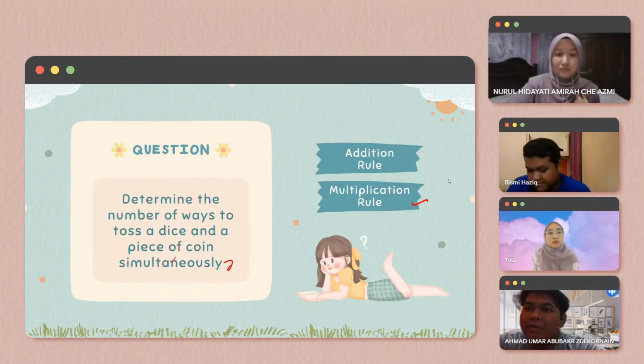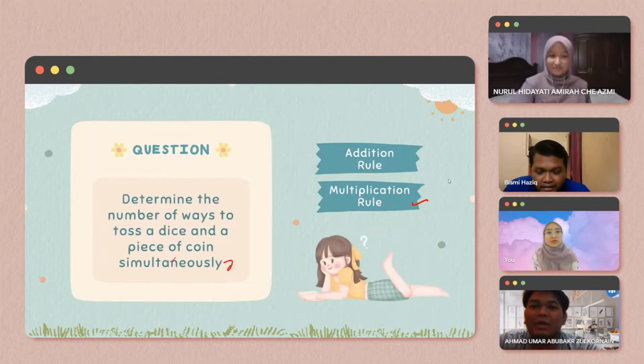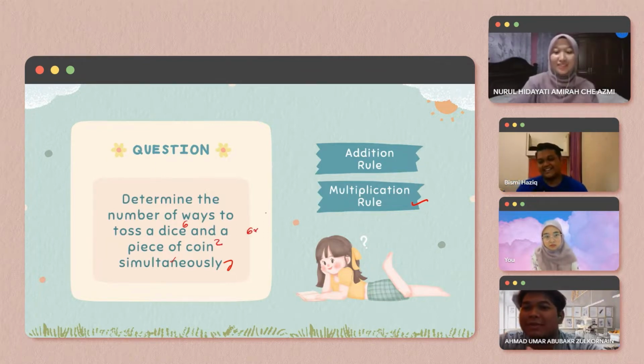For this question, I think 2 times 6, because a dice has 6 faces and a coin has 2 faces. So 6 times 2, and we will get 12.